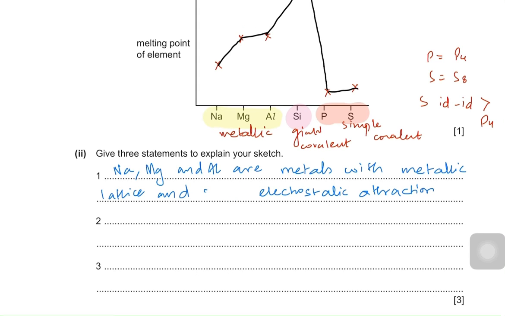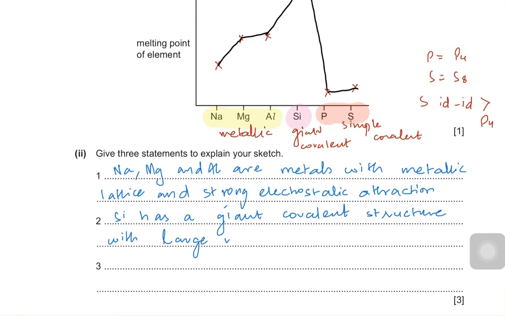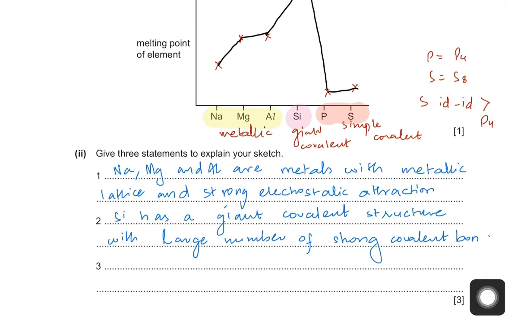Strong electrostatic attraction. At the end of the day, they mean the same thing. When you talk about silicon, silicon has a giant covalent structure with a large number of strong covalent bonds. And that is the reason it's not easy to break them.